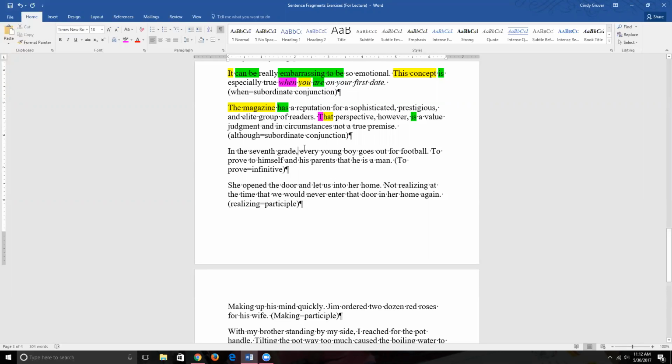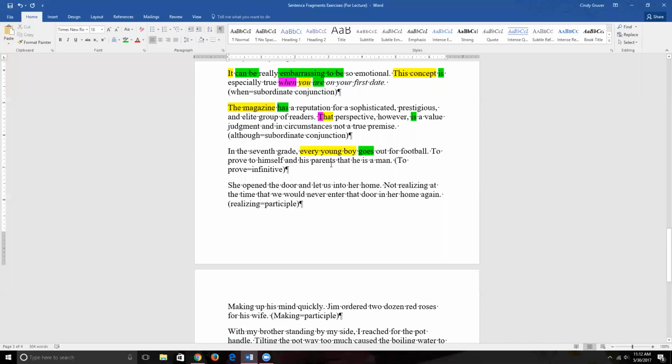But this one has four words, so I think that's a miss not to have a comma here. Okay, every young boy is our subject, and goes is the verb. And it does express a complete thought, so the first sentence is a true sentence.